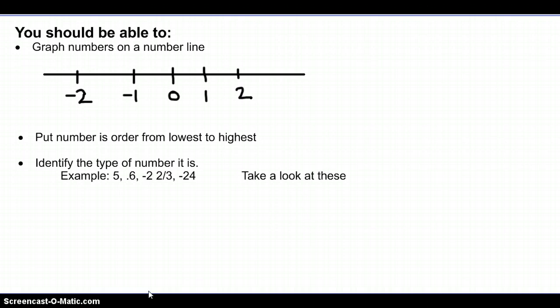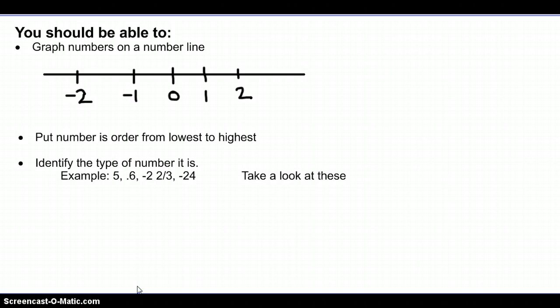There's less there. You should be able to put numbers in order from lowest to highest. So if I give you negative and positive numbers, you should be able to put those in order. And you should also be able to identify the type of number that something is. So take a look at these in the example.